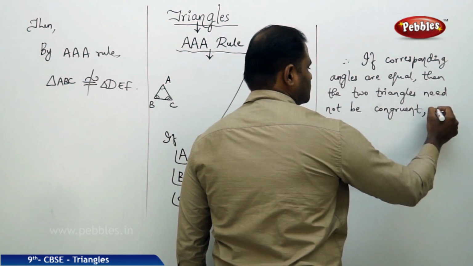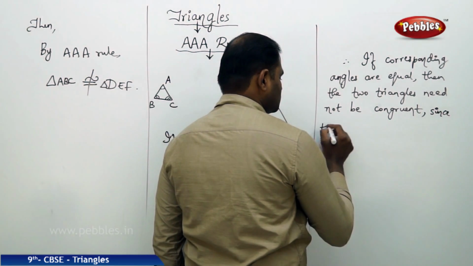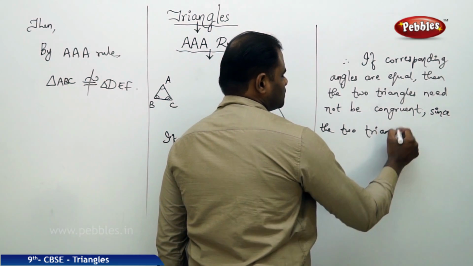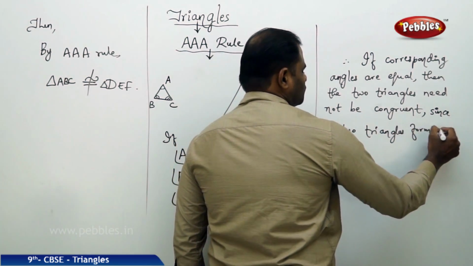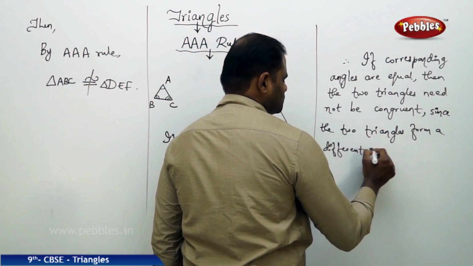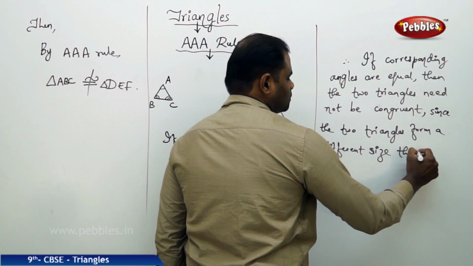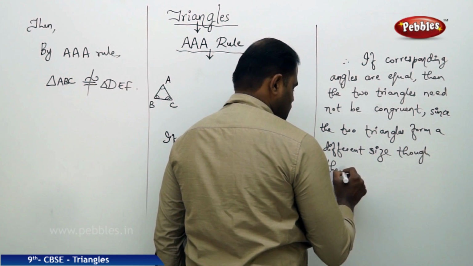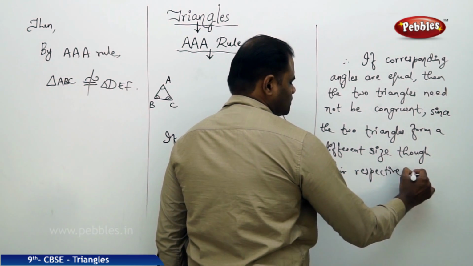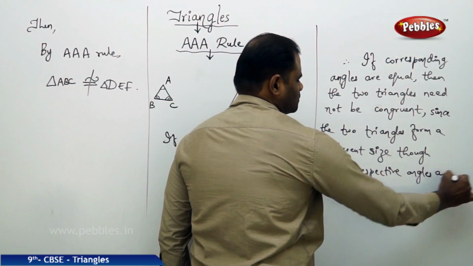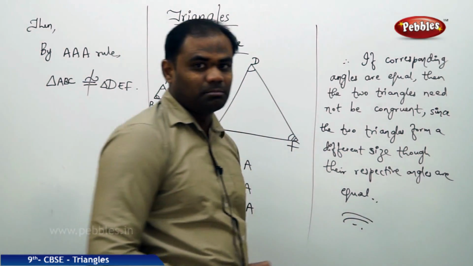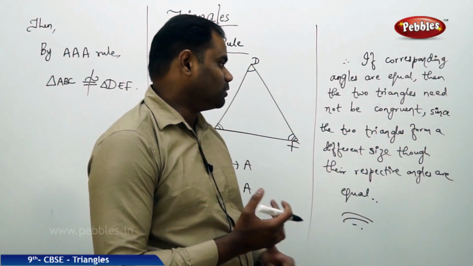Since the two triangles form a different size, though their respective angles are equal, is one of the biggest mathematical properties which should be noted.